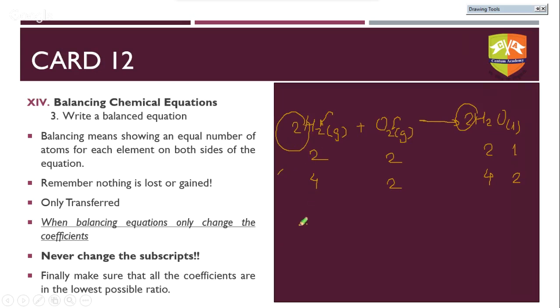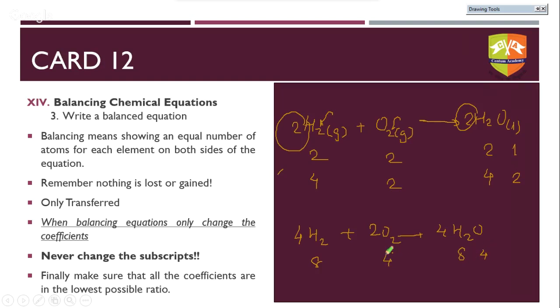For example, another way of balancing this could be 4H2 plus twice O2 giving 4H2O. Okay. Now, if you really see, there are eight hydrogens here, and there are eight hydrogens here, and there are actually four oxygens here as well as four oxygens here.